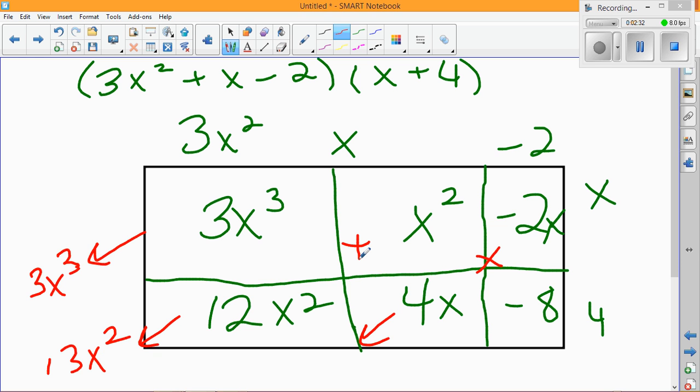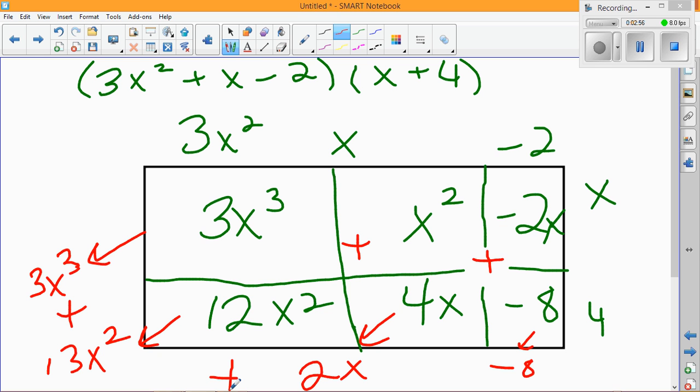This is supposed to be a plus sign, in case you didn't see it. Okay, and this will be +2x. And we can rewrite the answer as 3x cubed plus 13x squared plus 2x minus 8.